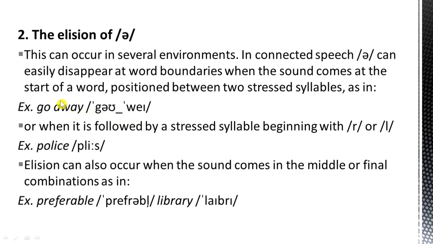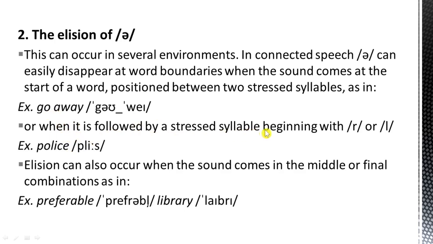You can see the sound should disappear when we see the boundary of the two words, when it stays at the start of a word in a position between two stressed syllables.